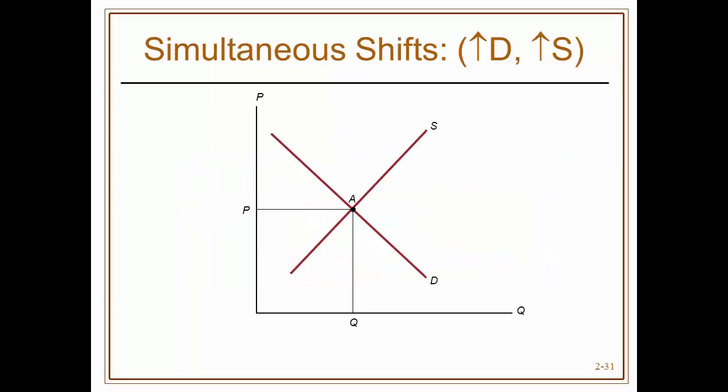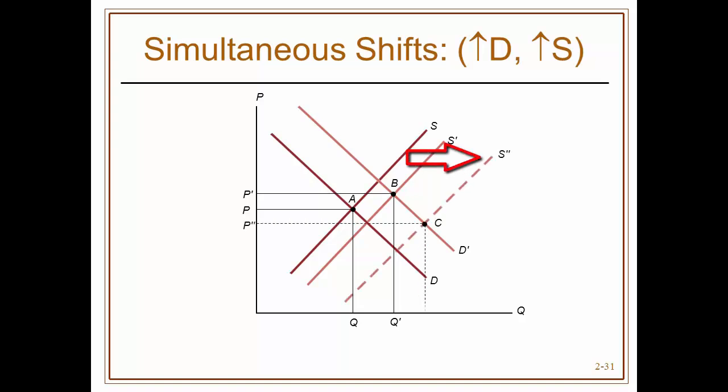So in this case, if we have demand increasing and supply increasing, we're starting at point A, but if both of those curves shift, maybe we're here at point B, where there's an increase in supply and an increase in demand. So we move from point A to point B, which is a higher price and a higher quantity. But maybe the supply increase is much stronger than the first supply increase was, and so I'm out at S double prime.